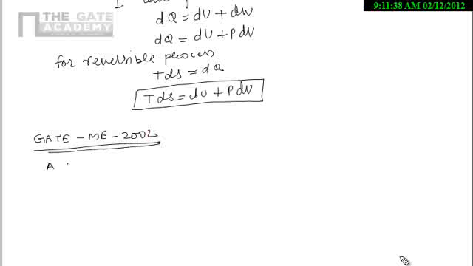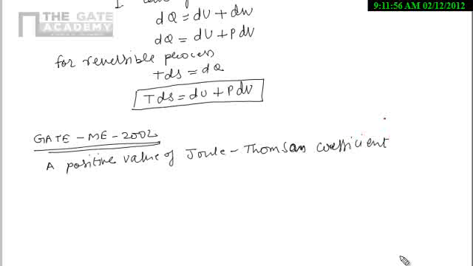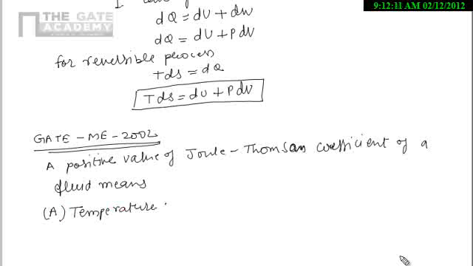A positive value of Joule-Thomson coefficient of a fluid means: A option, temperature drops during throttling.